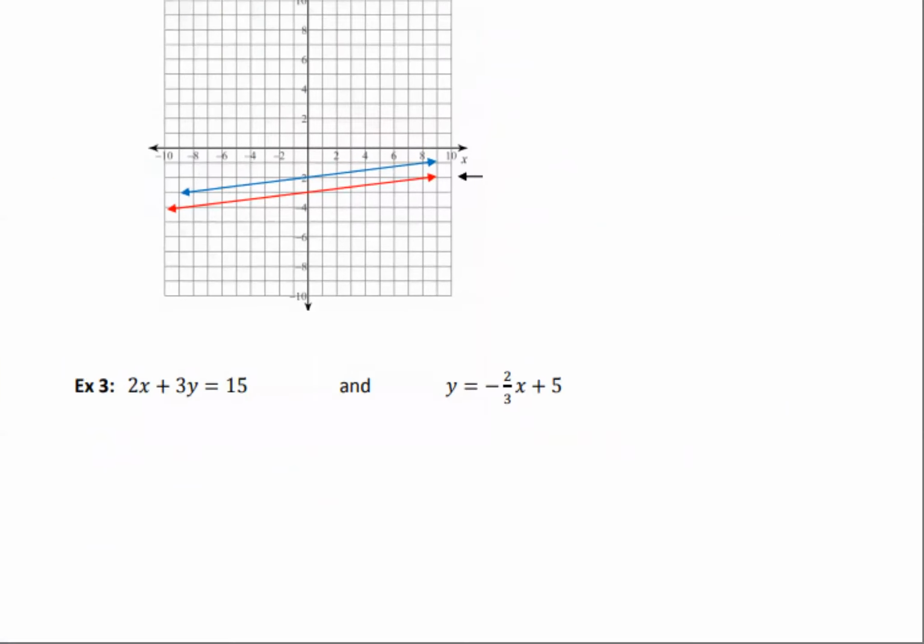And then our last one, if we solve for y, this one is already done. So let's solve this one for y, just because that slope-intercept form of y equals mx plus b is probably going to be our best way to graph it versus trying to do intercepts, because unless the intercepts are the answers. So let's see, we're going to move the 2x over.